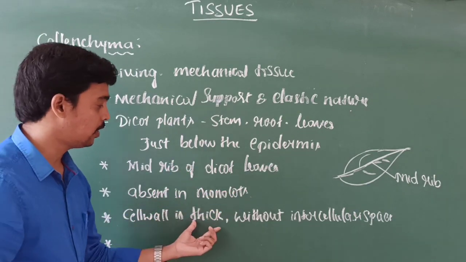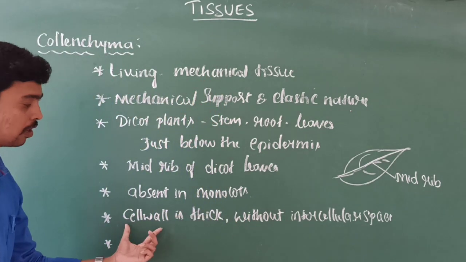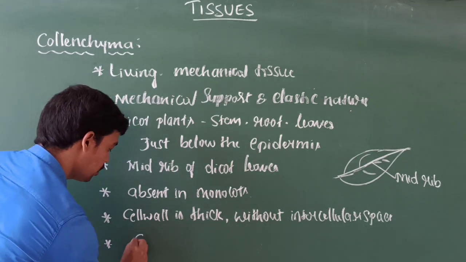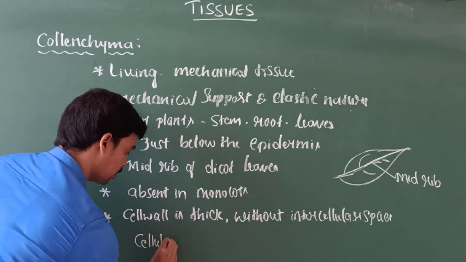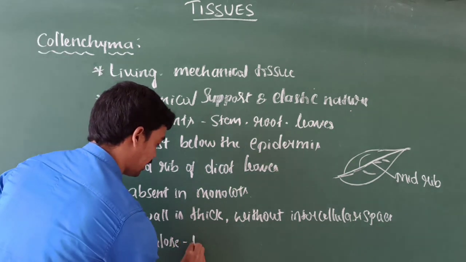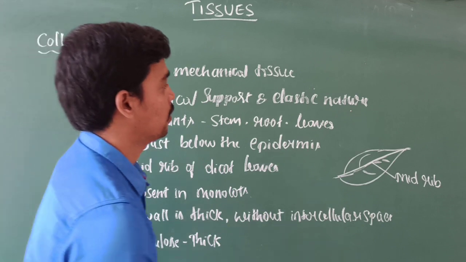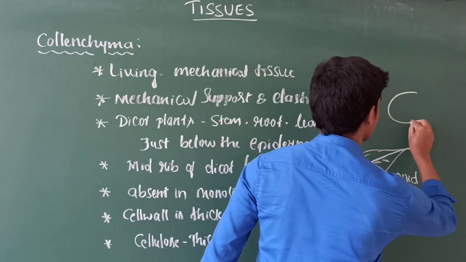And the cell wall is thick without intercellular spaces. Here also the cell wall is made up of cellulose, but it is thick in nature. The cells may be like this.